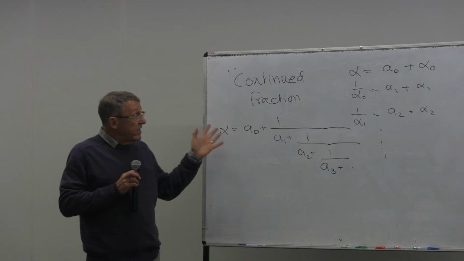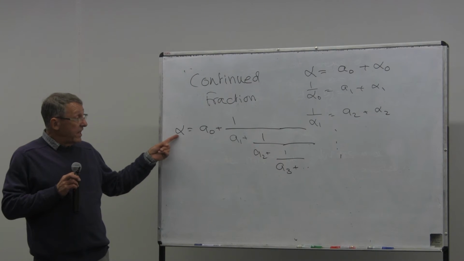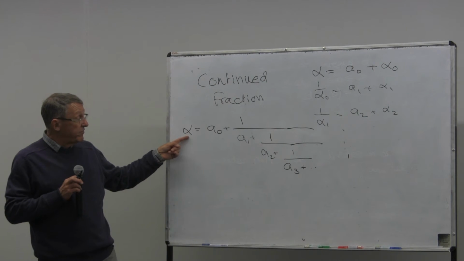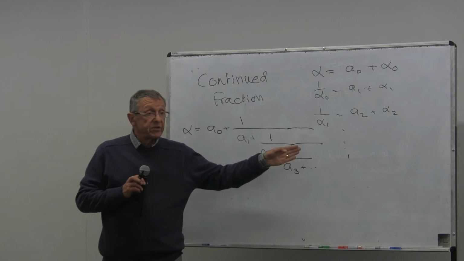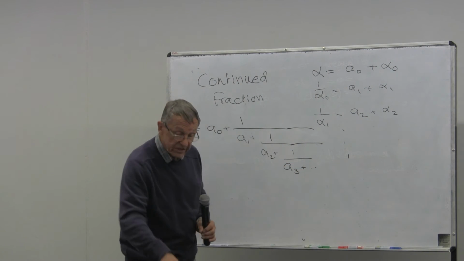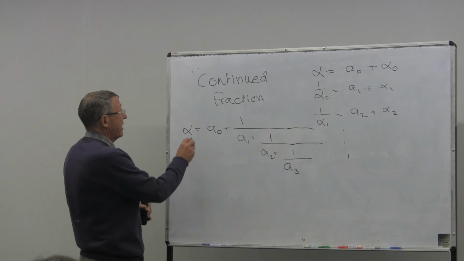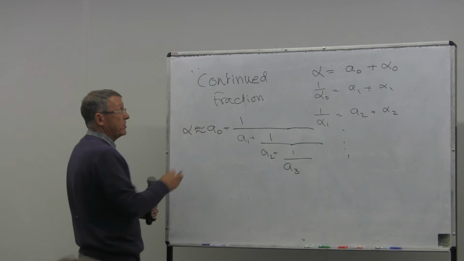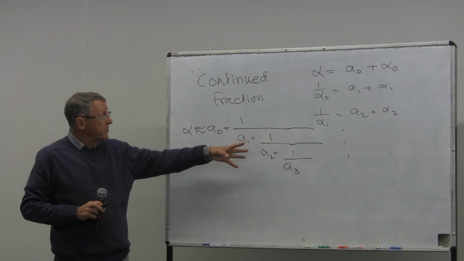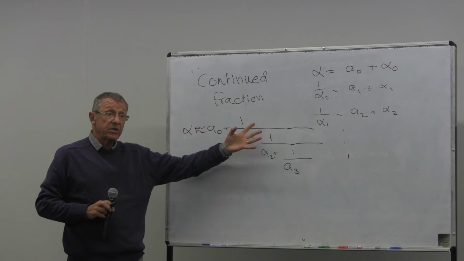One of the interesting things about continued fractions, if you start with, let's say, in particular, an irrational number alpha, suppose you know the procedure goes on forever, but if you just decide to stop at some point, I won't be exactly right, it will only be approximately equal now. But I could tidy up that messy finite continued fraction on the right-hand side, and I'd get a rational number.